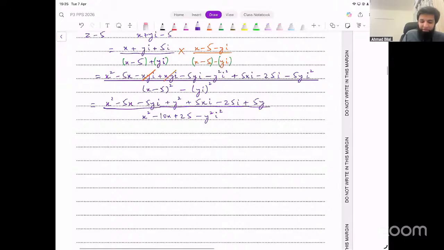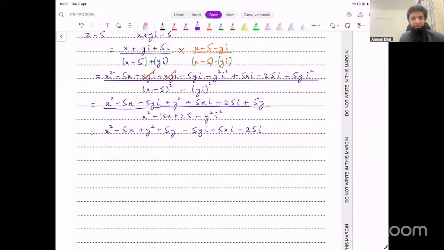Now let's simplify this a bit further. In the numerator, what's the real part? Let's separate the real terms. x squared minus 5x plus y squared plus 5y. These are all the real terms. And then the terms that have iota in them, they are imaginary: minus 5y iota plus 5x iota minus 25 iota.